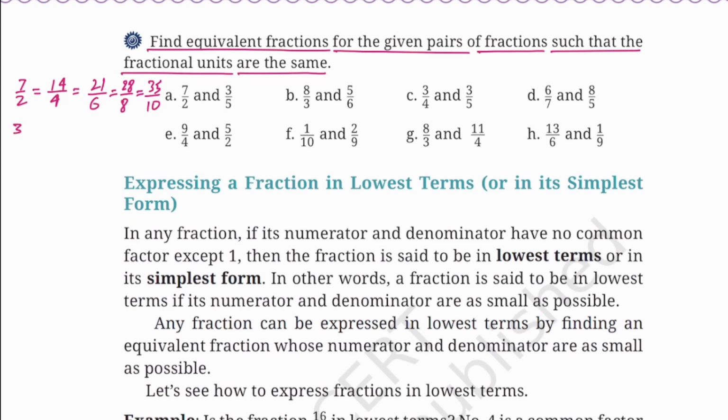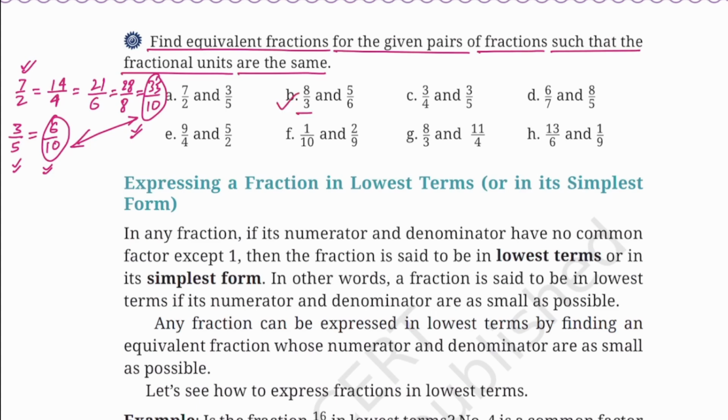Similarly, 3 upon 5 is equal to 6 upon 10. You can see denominator 10 here, denominator 10 here. Stop there. You can compare these two. You can see 35 upon 10 is greater than 6 upon 10. So 7 upon 2 will be more than 3 upon 5.